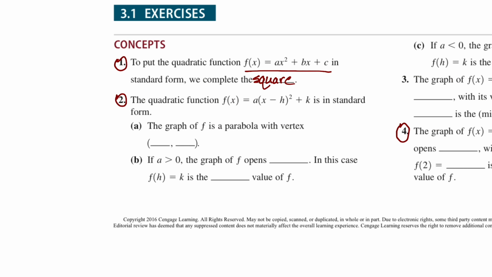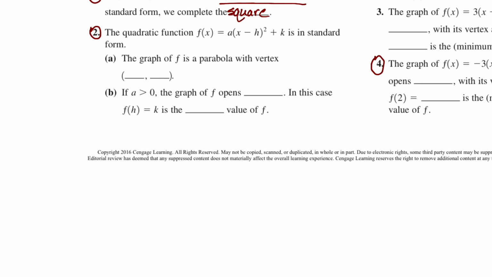Another one that we are looking at is quadratic function, f of x equals this. That's in standard form, also known as vertex form. So what would the vertex of this parabola be? Yeah, (h, k), good. If a, this value here, is greater than 0, that means my parabola opens up.